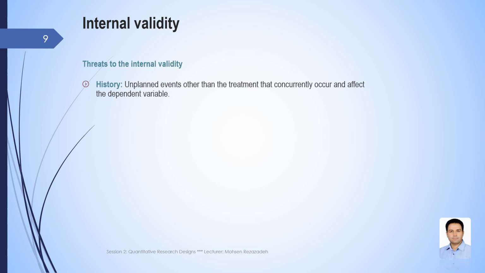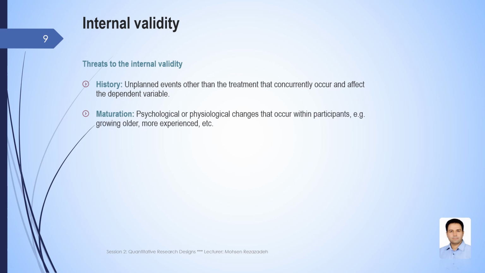We can, for example, select an appropriate control group. The second one is maturation: psychological or physiological changes that occur within participants. For example, some participants may grow older or they may become more experienced. Again, we can control it by choosing an appropriate control group.